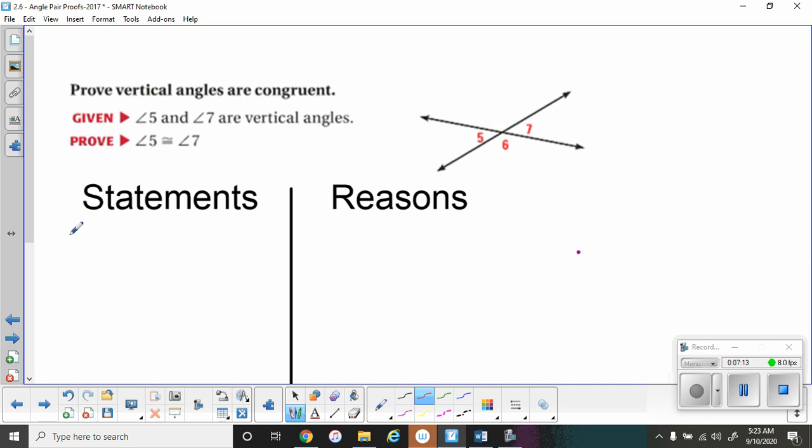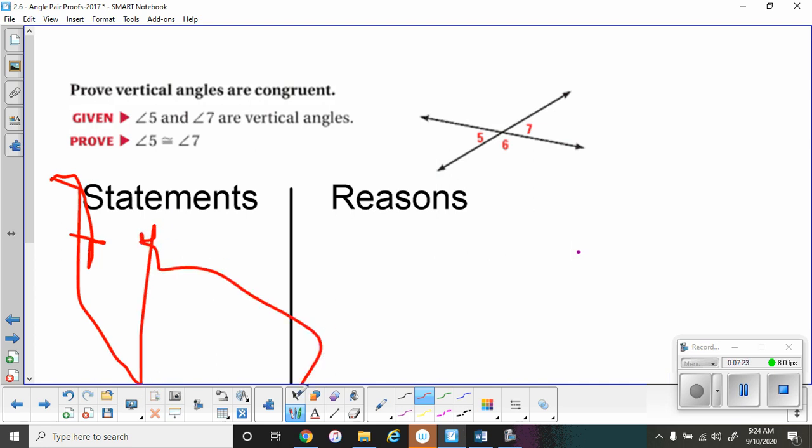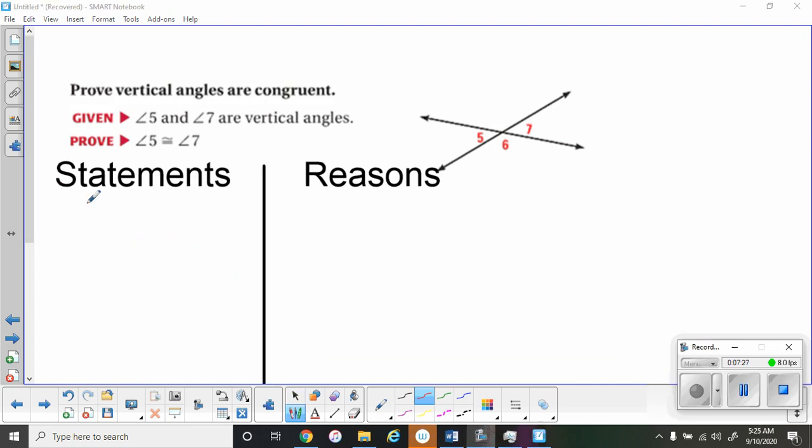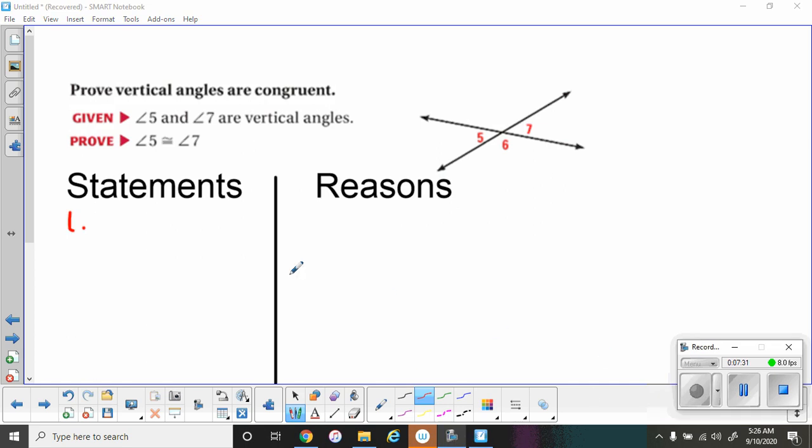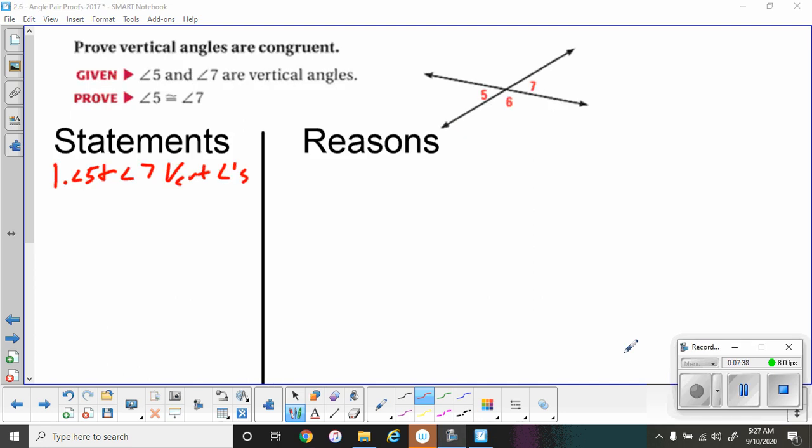All right, number 1. Okay, here we go. So that says number 5, angle 5 and angle 7 are vertical angles.